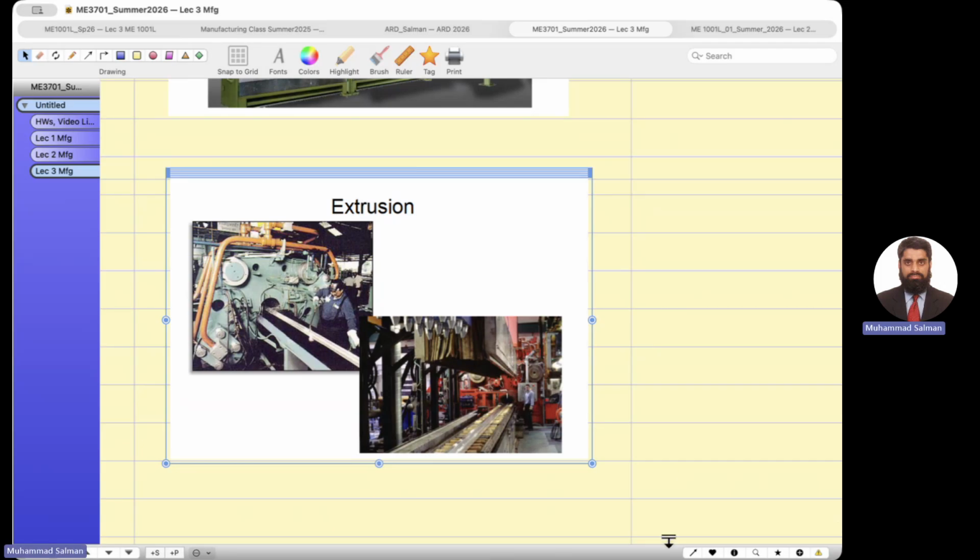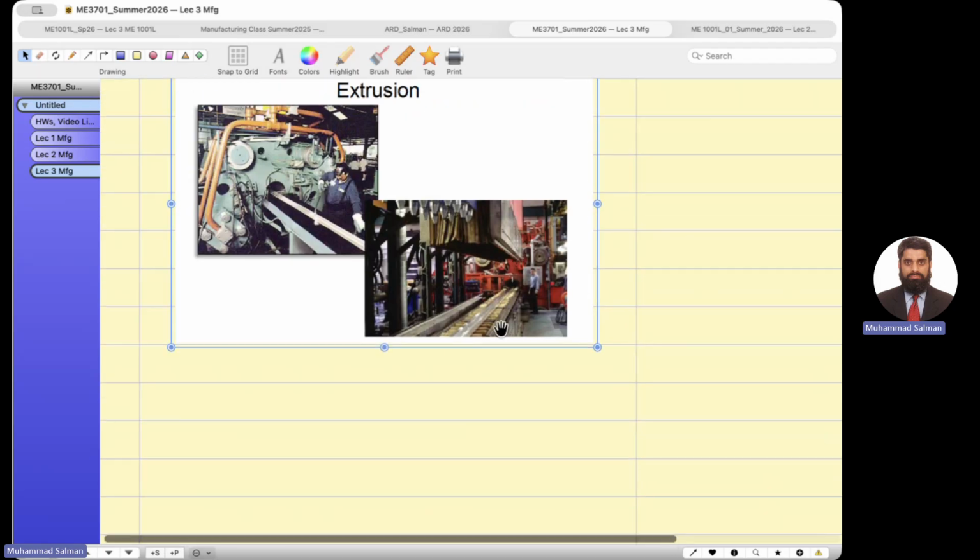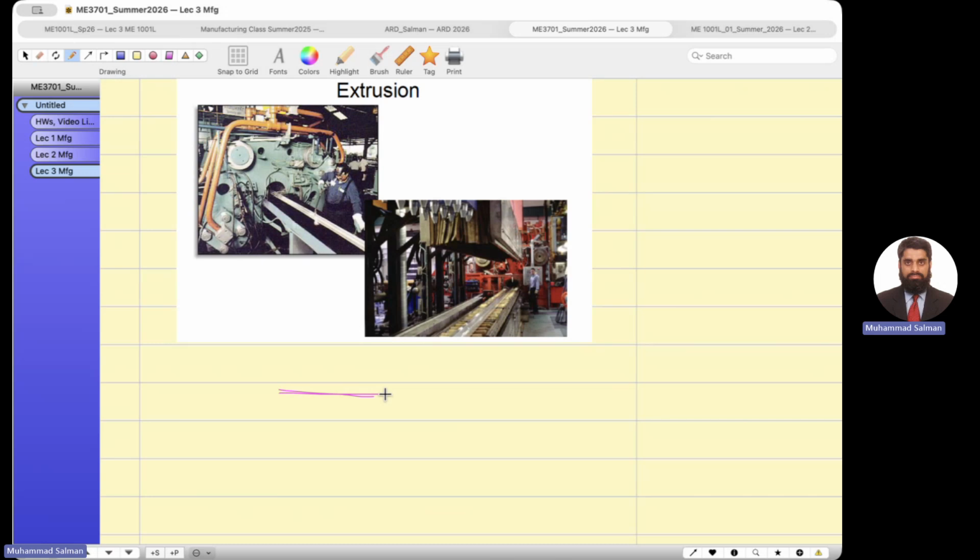They're a little bit different, you see. So suppose you have the initial diameter, and if you are pushing it, we call it extrusion. This is now extrusion. Behind this material, this is coming out of the die.